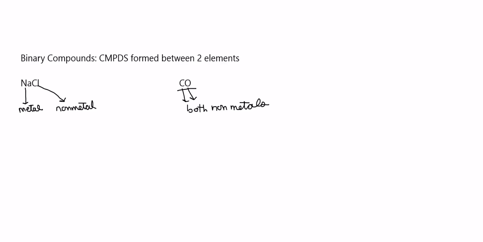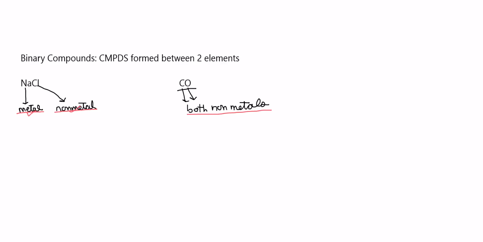We name compounds made between a metal and a nonmetal differently than we name compounds that are formed from two nonmetals. So in naming, we have to first identify whether we have a binary compound made between a metal and a nonmetal, or whether they're made by two nonmetals.